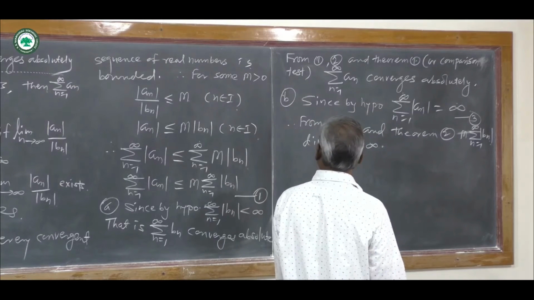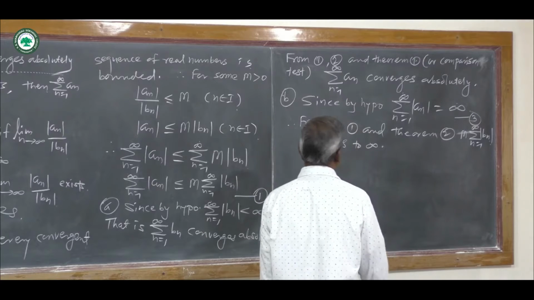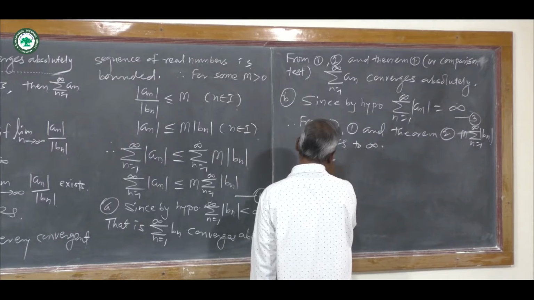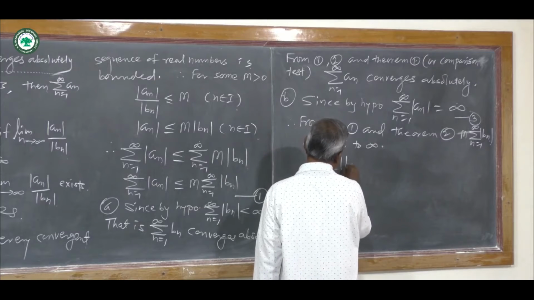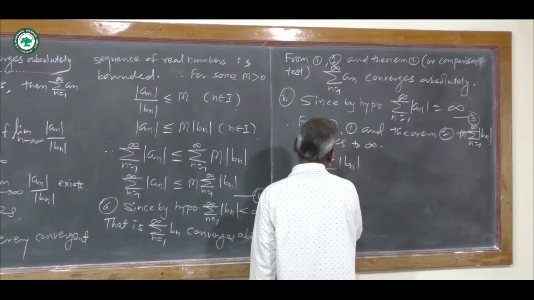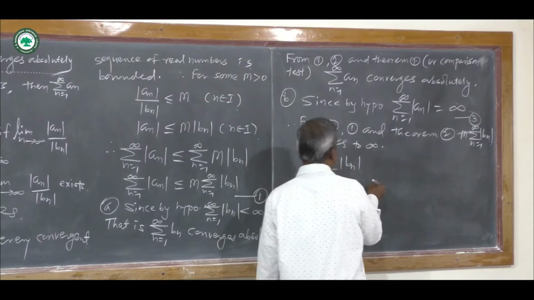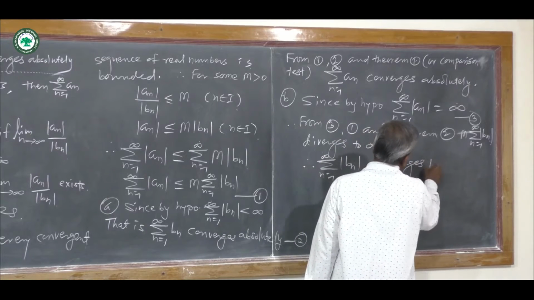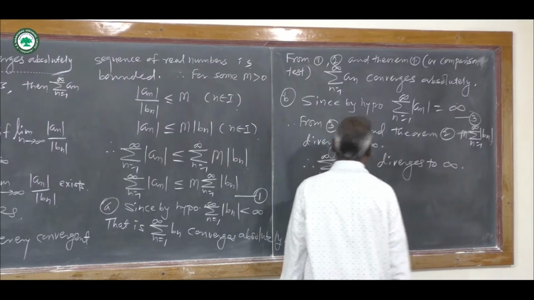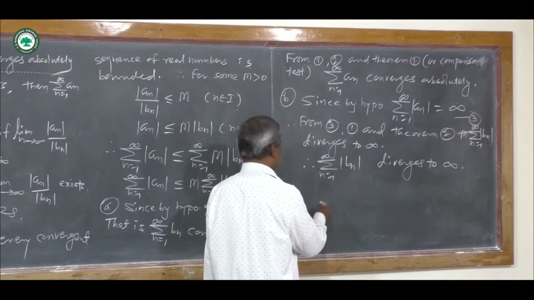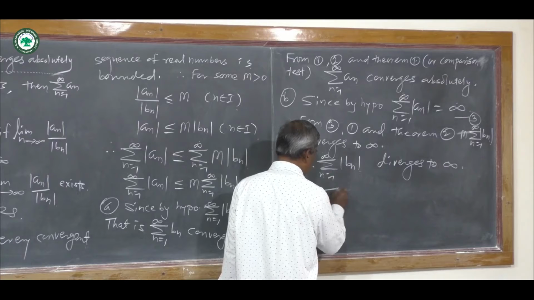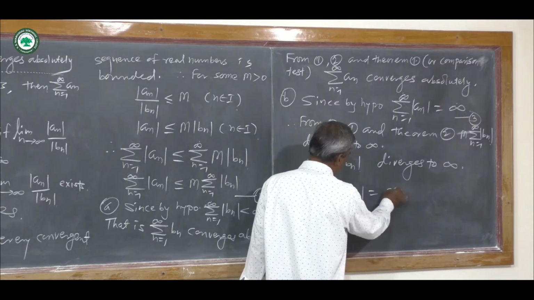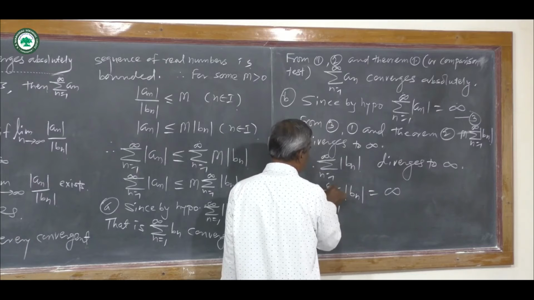Since M is a positive real number, therefore sigma mod bn, n equal to 1 to infinity, diverges to infinity. In this case, we write sigma mod bn is equal to infinity.